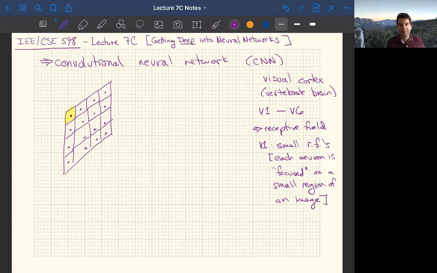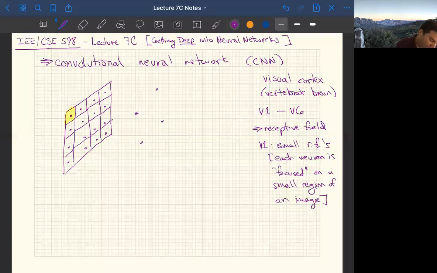and then from there you'd have another layer of neurons, and let's say I'm just going to draw 4 neurons in another layer here. These 4 neurons, you can view as being connected to a subset of the neurons from the previous layer.